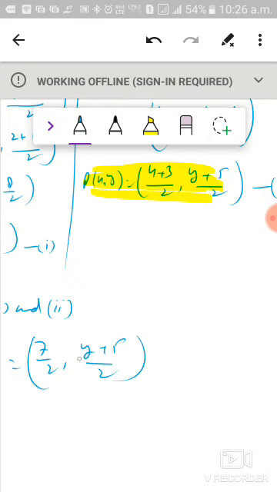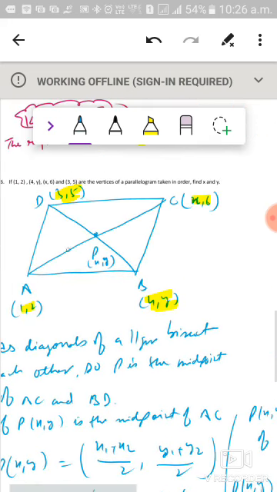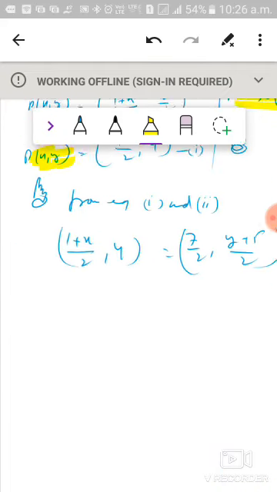Why have we done this? Because this is also point P, and this is also point P, same point. That's why the values will be equal.